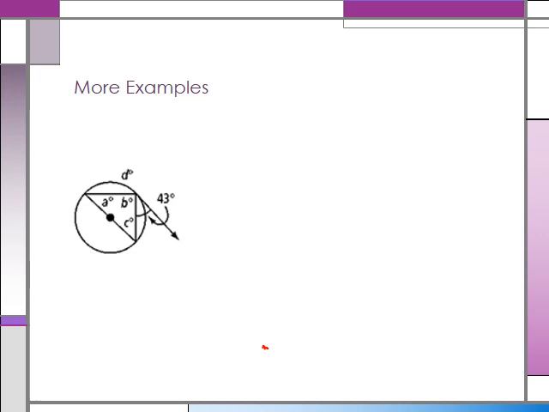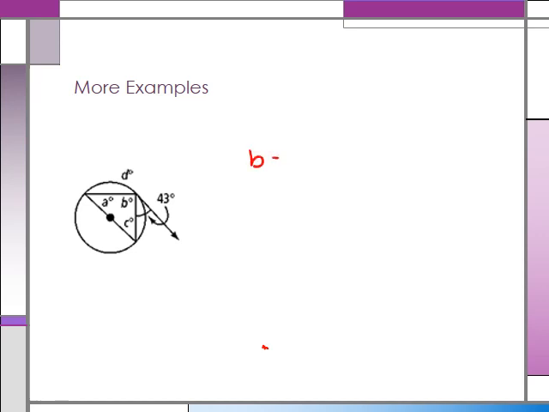All right, so if that arc is 43 degrees, I would start here. We know that this angle is 43 degrees. We know that that arc is 84. Okay. Angle B cuts off a semicircle, so we know it's a right angle.